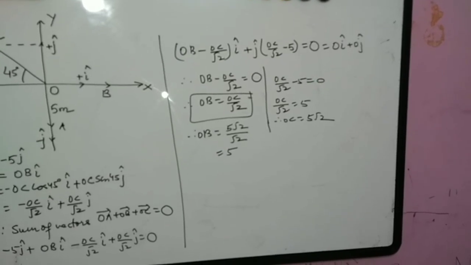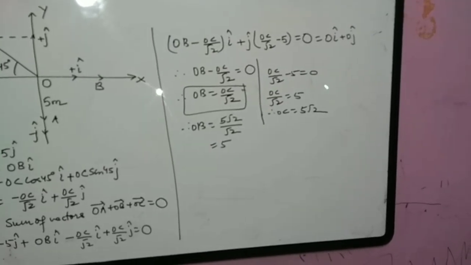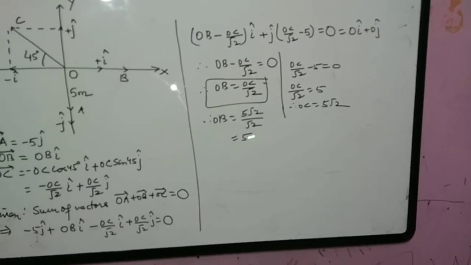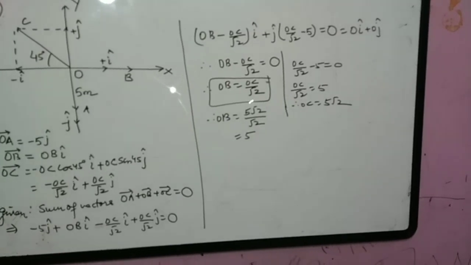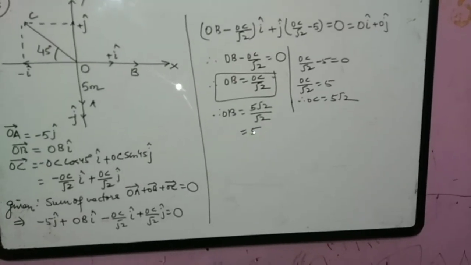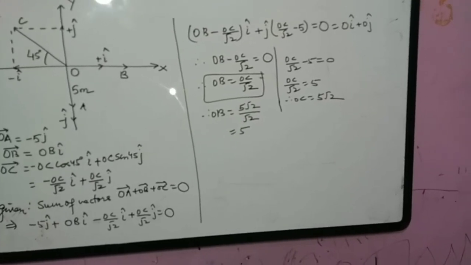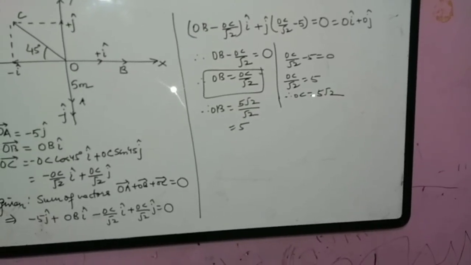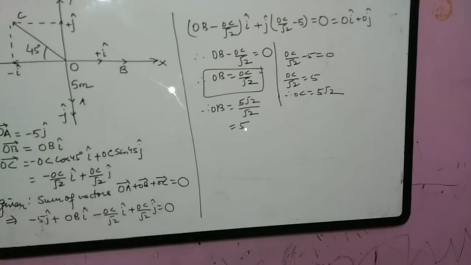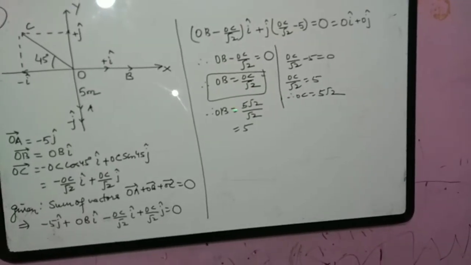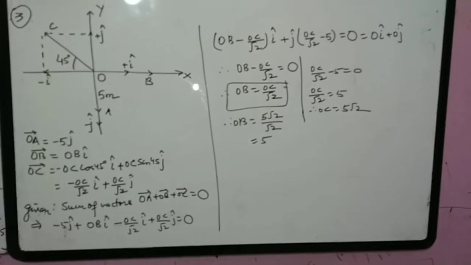So we get OC equal to 5 root 2, and substituting this here we get OB equal to 5. So OB is 5 and OC is 5 root 2. These are the magnitudes of OB and OC.